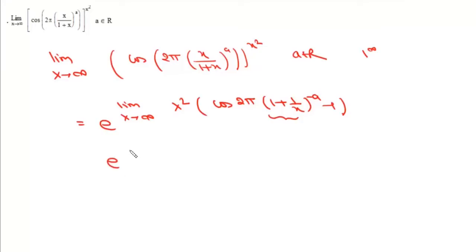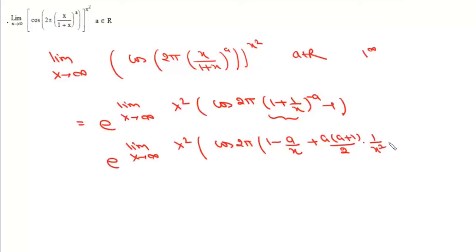So it will be e, and then this limit x tends to infinity, and then x square, and we can write this as cos 2 pi 1 minus a upon x, and then it will be minus a minus 1. So it will be this a into a plus 1 upon 2, 1 by x square, and plus higher powers of x, and then minus 1.